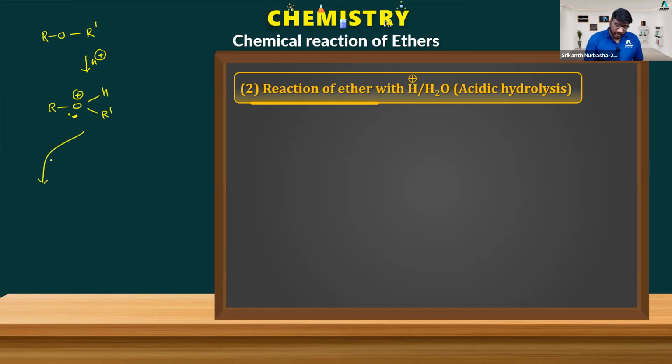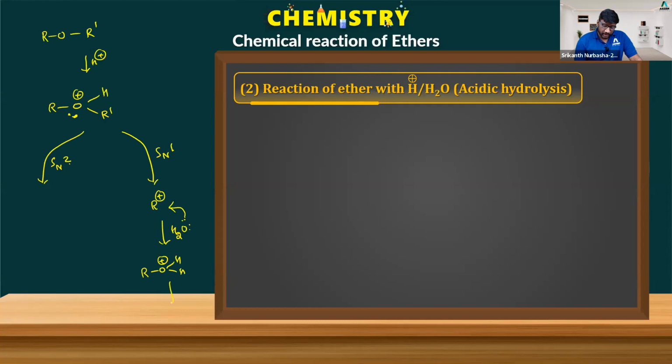Now it will undergo SN2 and SN1. SN1 means you will generate R plus and then H2O attacks. You generate ROH2 plus. Finally, you generate alcohol ROH.